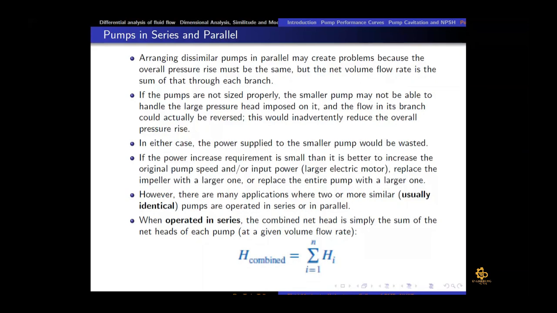When operated in series, the combined net head is simply the sum of the net heads of the individual pumps. That is the same thing as in electric circuits: the net potential drop across all the resistances installed in series is the sum of the individual resistances.